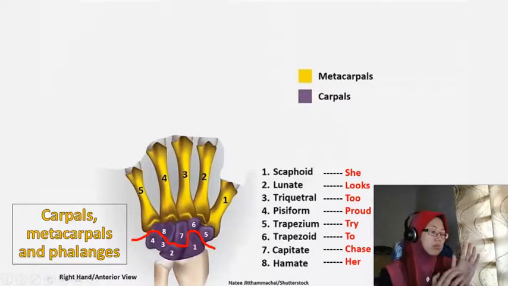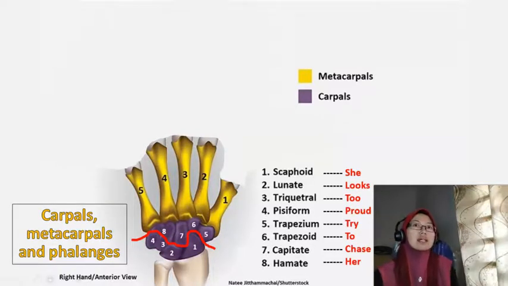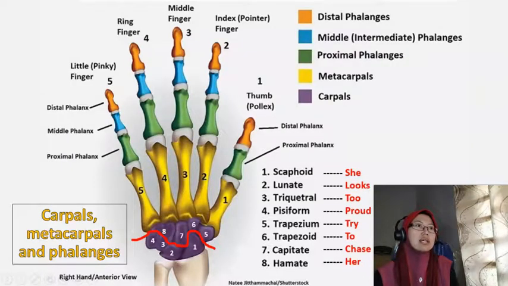And after the carpal bones, we go to the metacarpal bones. Metacarpals consist of 5 bones. Nothing special there. And then we go to the proximal, middle, and distal phalanges.